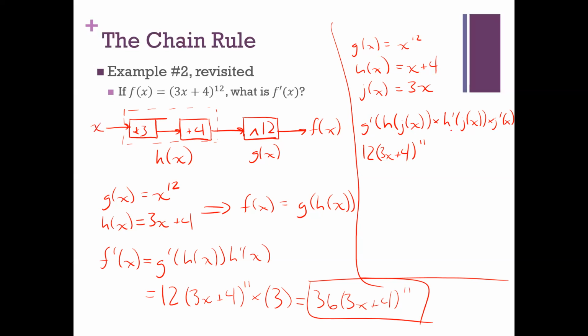All right, next piece. What is h prime? 1. So then what's h prime of j? There's no variable left there. All right, then the last piece is j prime of x, which is 3.